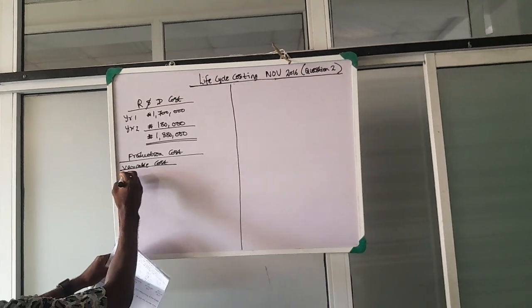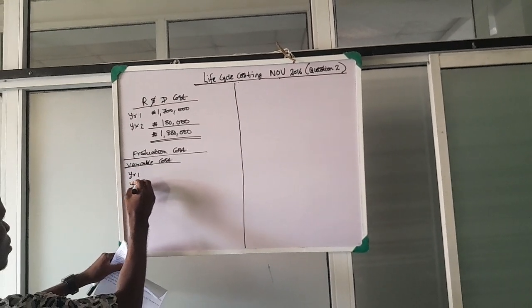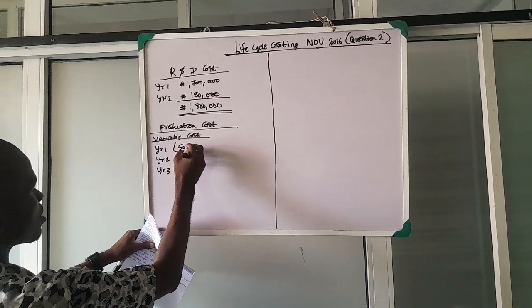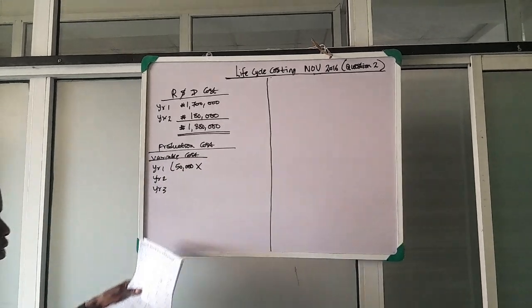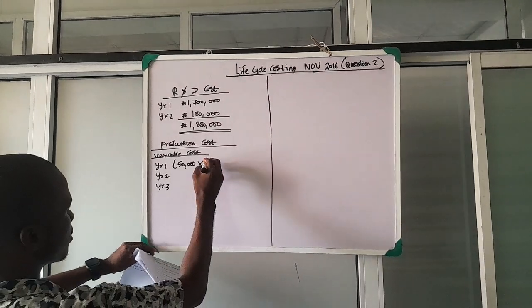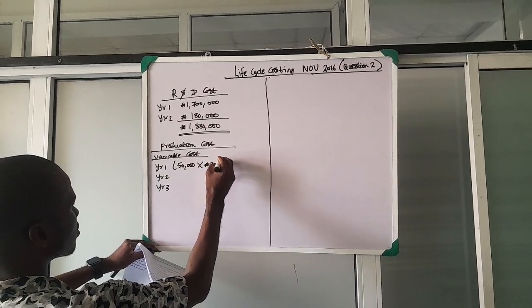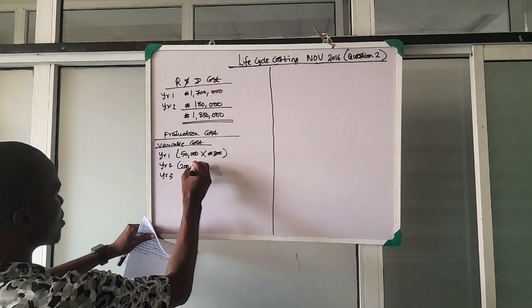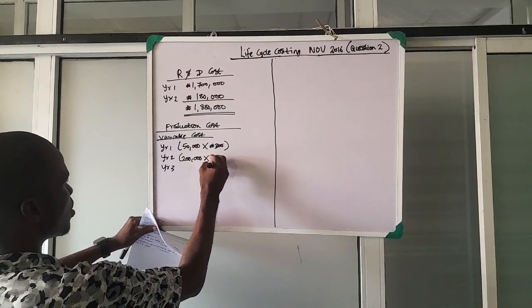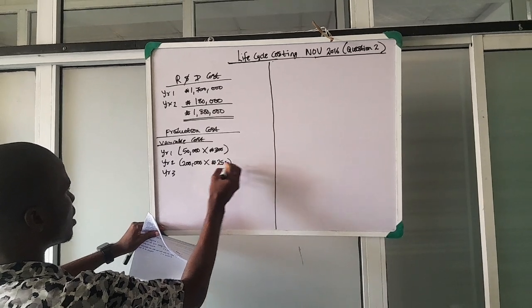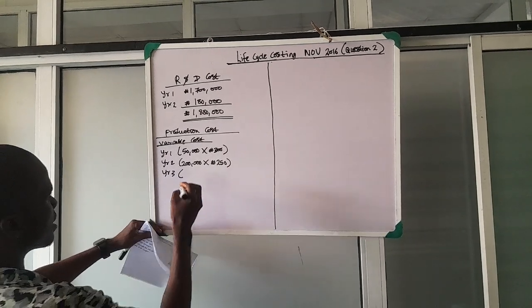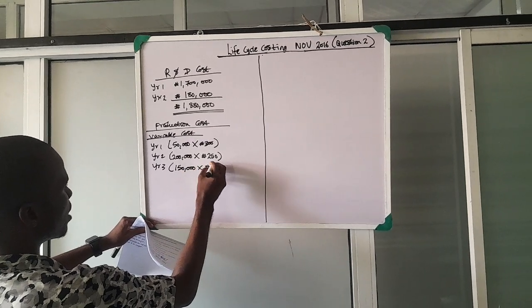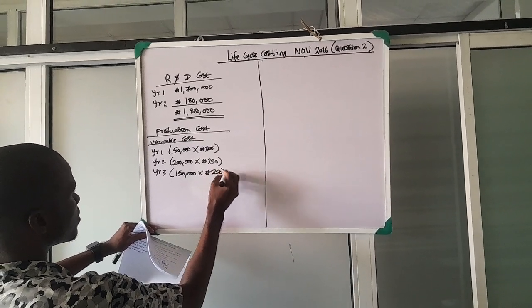For year 1, 50,000 units were produced times the variable cost per unit, which is 300. Year 2 we have 200,000 units times 250. Then year 3 we have 150,000 units times the variable cost per unit, which is also 250.